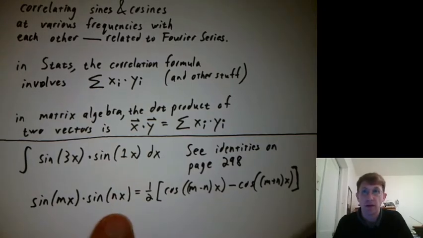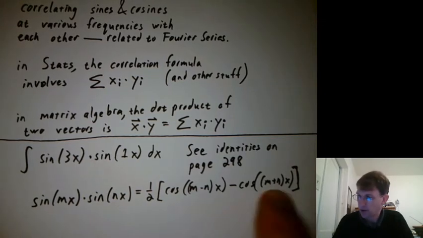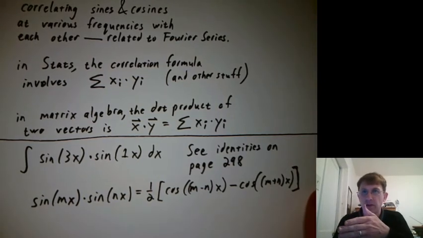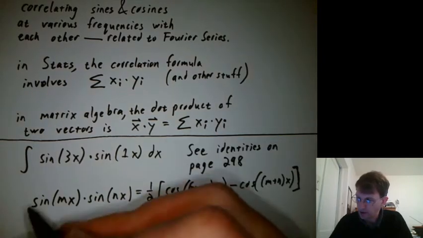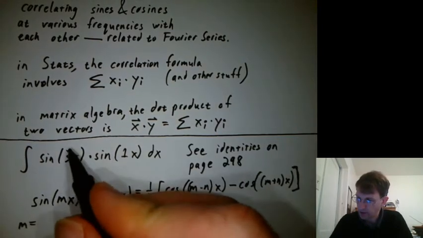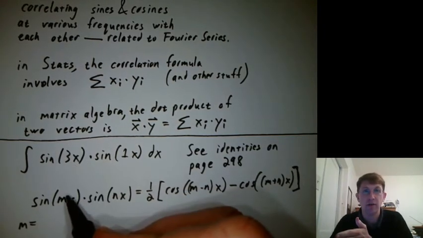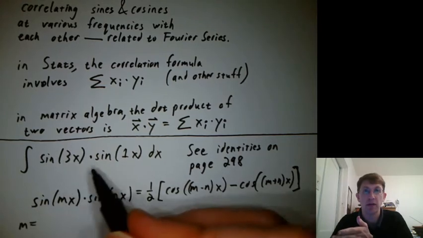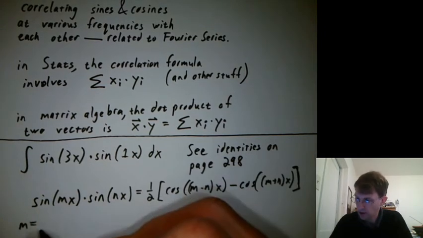All right, so I've got the trig identity there. What is it for this situation? What are m and n? Well, we apparently wrote it right underneath what we need, right? M would be 3 and n would be 1.